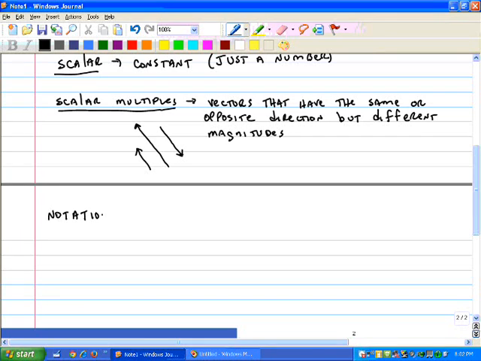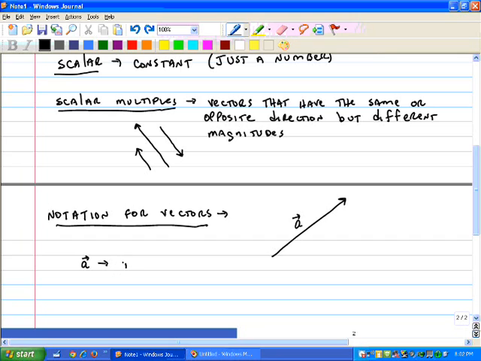Let's talk about our notation for vectors. Vectors are usually named with letters. For example, this vector might be called vector A. When I'm writing the name of a vector, I will usually include the letter with an arrow over the top of it.